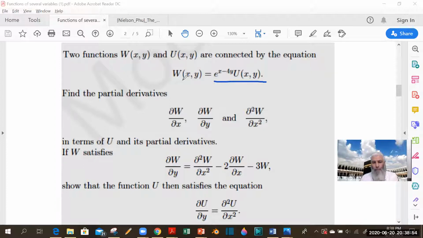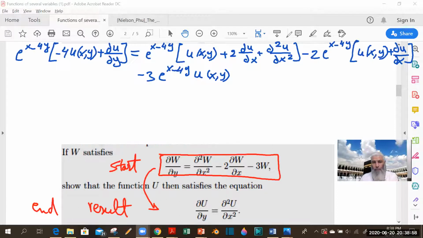Yes, but Ustaz, can you go back to what you just wrote? Instead of 2 dw over dx, you just added 2, and here to original w, you just added 3, yes?